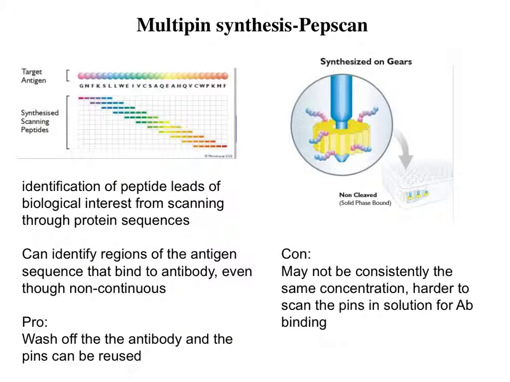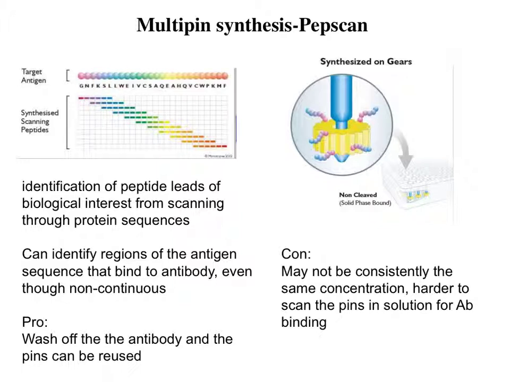Using multi-pin synthesis, one can do PepScan. So you can identify peptide leads of biological interest from scanning through protein sequences. If we look at this target antigen, you can generate overlapping peptide sequences that span the whole sequence of the antigen and synthesize them, and then identify regions of the antigen sequence that bind to the antibody, even though they're not continuous.